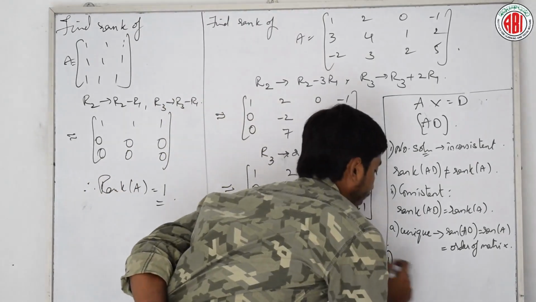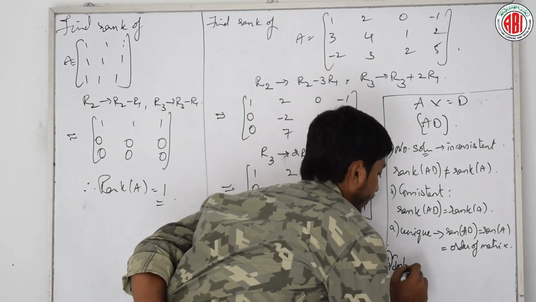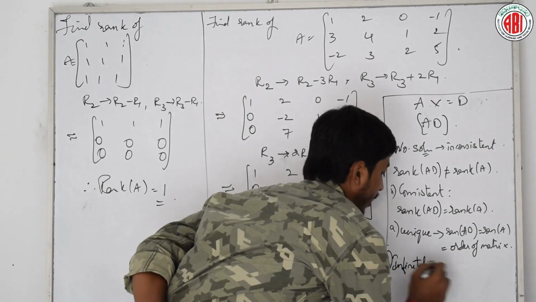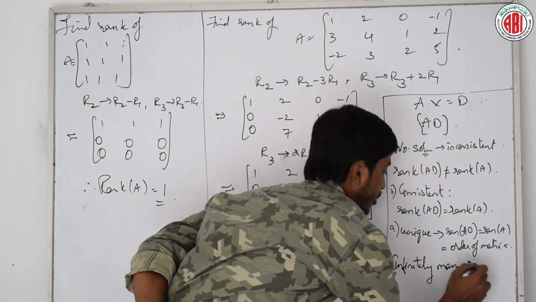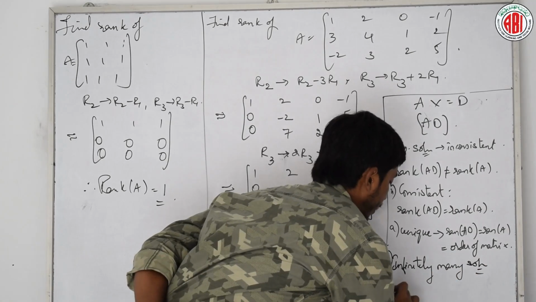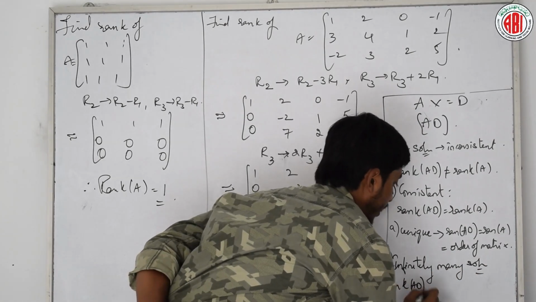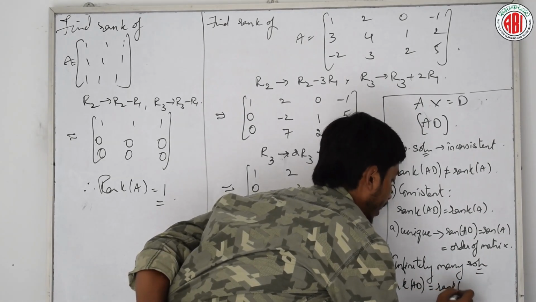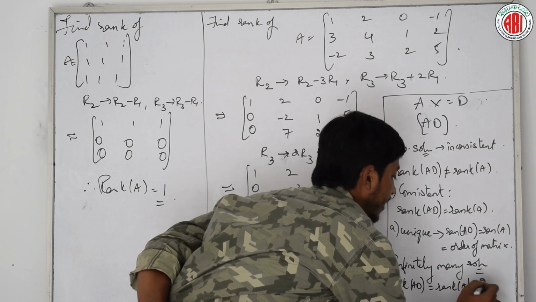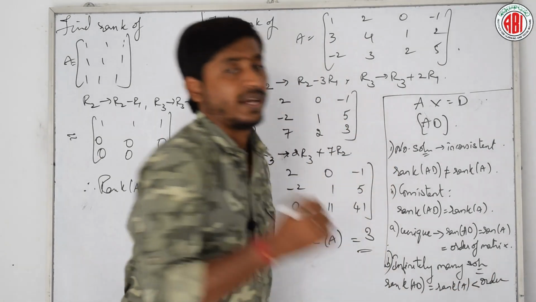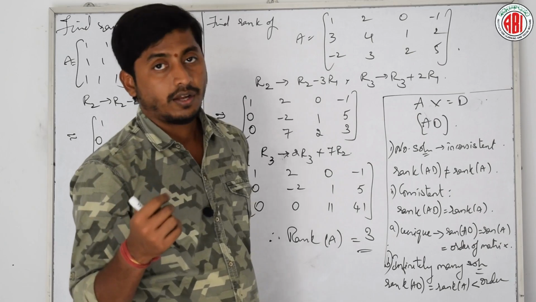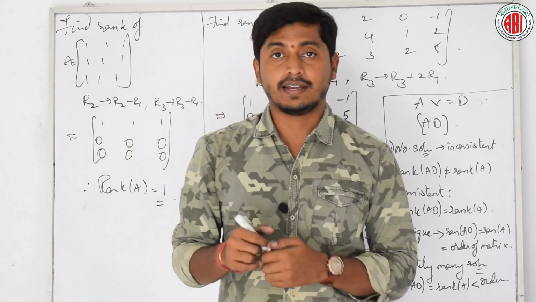Again, if it has infinitely many solutions, then rank of AD is equal to rank of A but less than the order, that is, it might be 2 or 1. Is it clear? Did you understand? Fine.